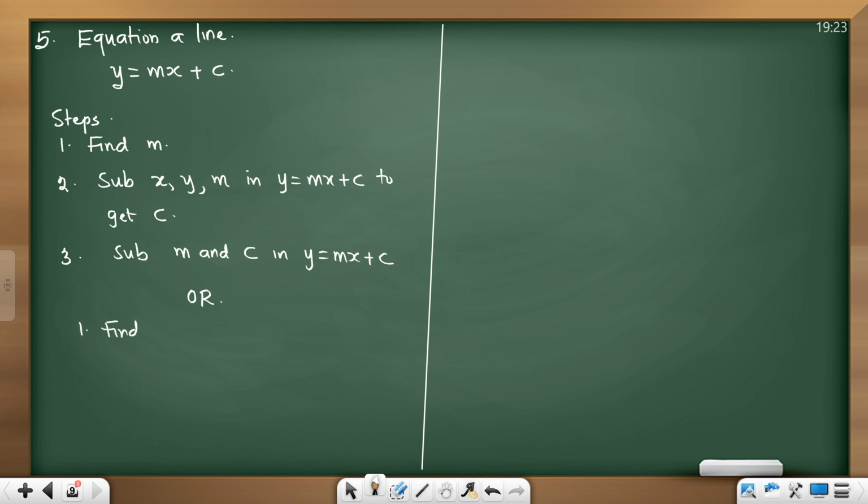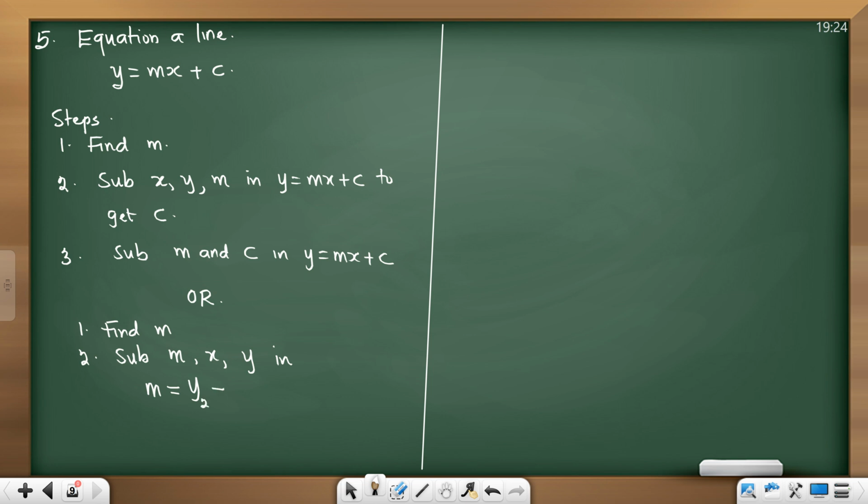One, find m. 2, sub m and x, y in this equation of your gradient, changing y over changing x.